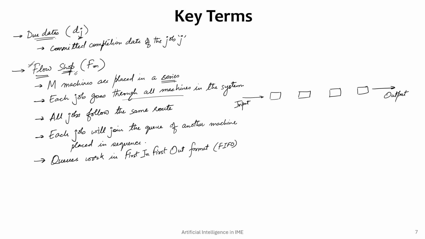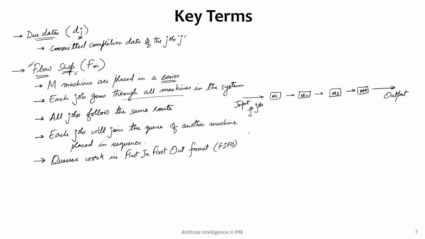So this flow shop will make you place all your machines like M1, M2, M3, M4 in series, and when this job gets to the first machine, it gets processed there and then gets transferred to M2, then M3 and M4 in a series format.